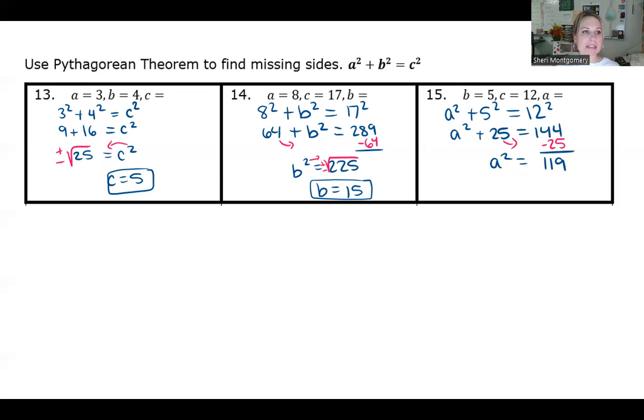I know why you got a decimal, because I made a mistake when I was writing it. Yeah, well, we're just going to leave it as a square root. So you should get whole numbers. The C was supposed to be 13, not 12, and then it works out to a nice, beautiful number. Sorry.